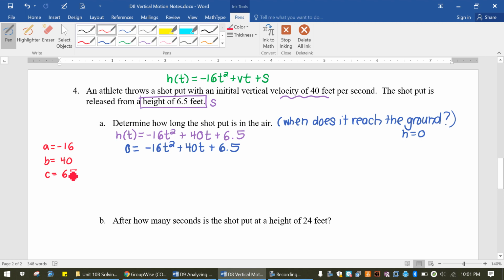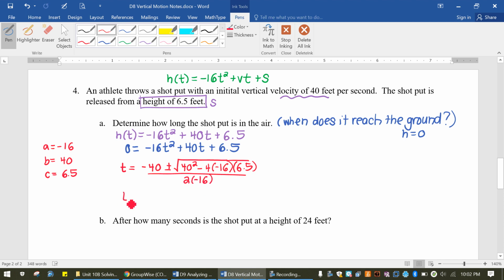All right, so jumping into the quadratic formula, what we're solving for is time. So we're looking for t. So t equals negative 40 plus or minus the square root of 40 squared minus 4 times a times c, all divided by 2 times a.